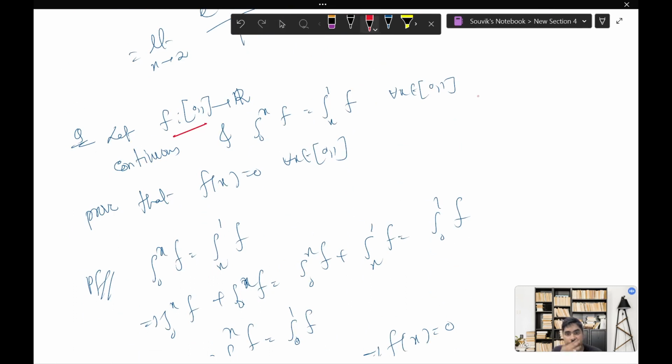Now, if f is a continuous function on 0, 1, with integral from 0 to x of f equal to integral from x to 1 of f, we need to check that f(x) equal to 0.